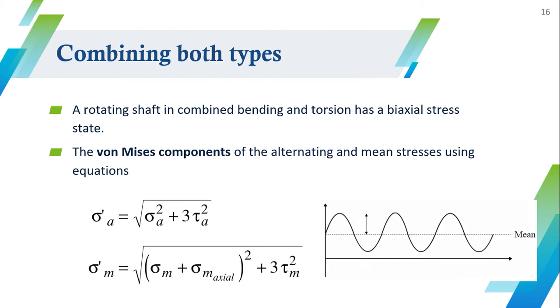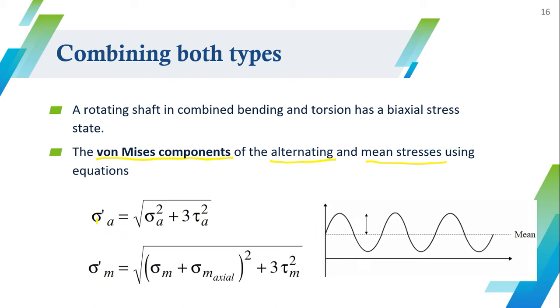Now we have to combine these because when you have an element which is subjected to multiple stresses, we have to find a way to combine them. And according to your knowledge of mechanics of materials 2, one way of combining these is to calculate the von Mises stresses. Since we have two components of the underlying stresses, we are again going to have two components of von Mises stresses as well.